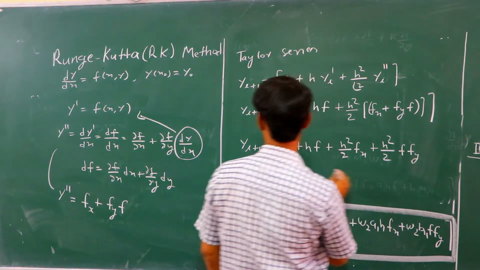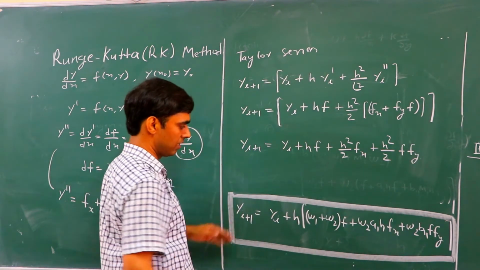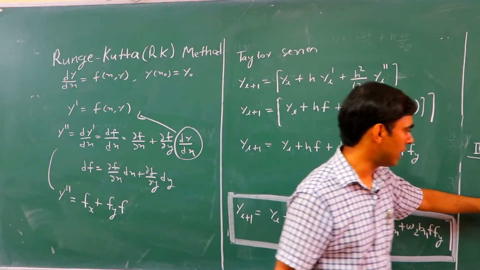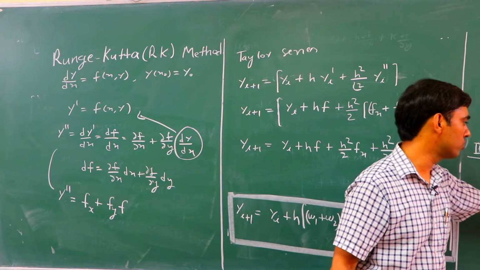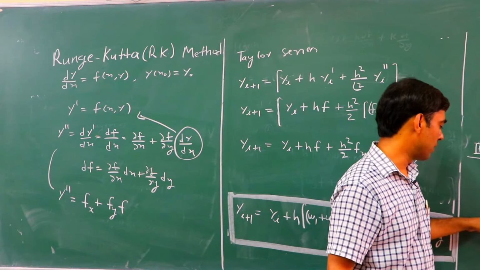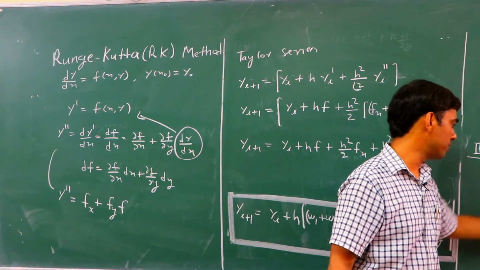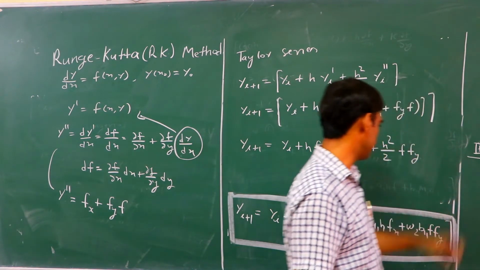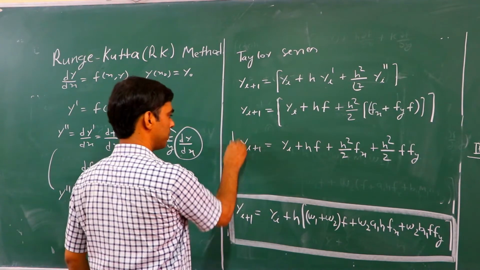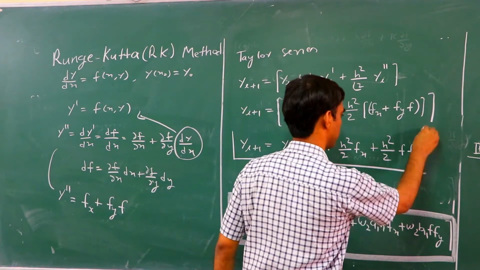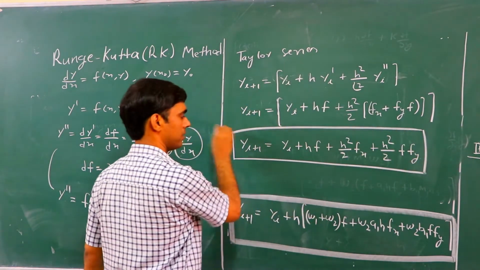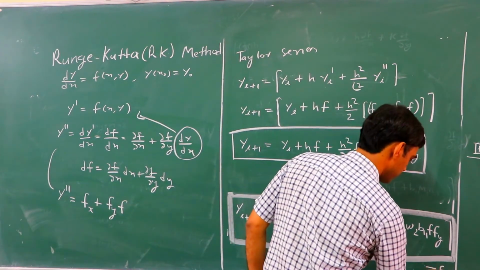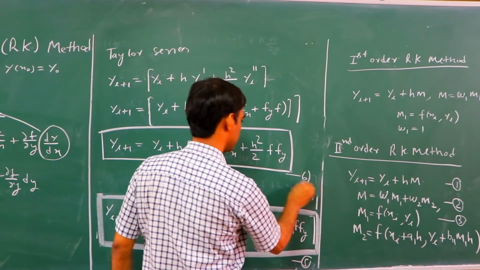So now we compare this result with the iterative scheme that we obtain by putting m equal to W1 M1, W2 M2, and again by putting the values of M1 and M2 by these expressions. Suppose this one is equation number 5 and this one is equation number 6.